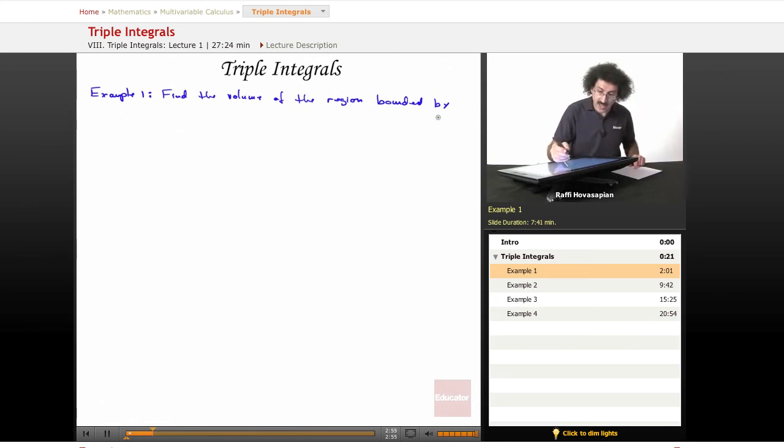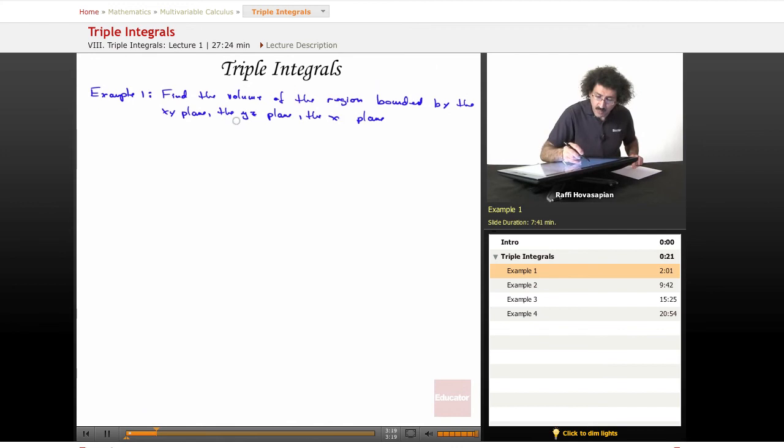Region bounded by the xy plane, the yz plane, the xy plane, I'm sorry, the xz plane.